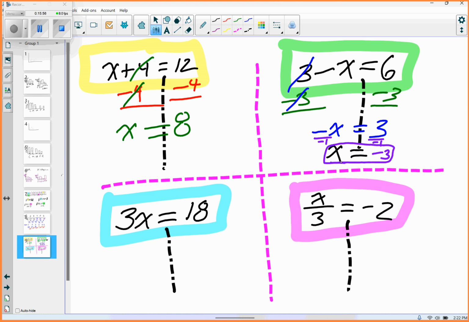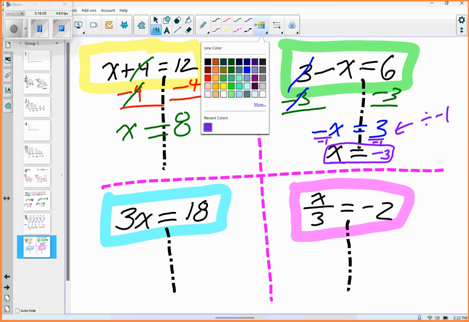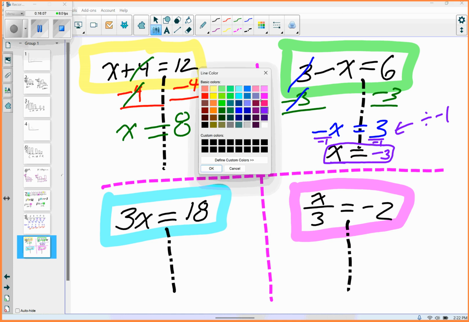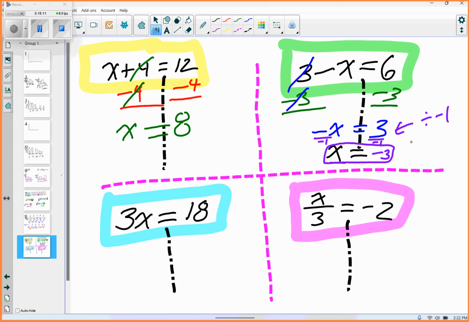Now, in the purple, we divided each side by negative 1. Let me ask you this, friends. Let's go with a pink. Could I also multiply each side by negative 1 and get the same result?